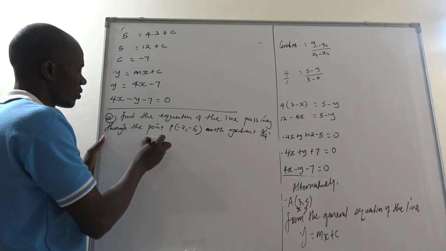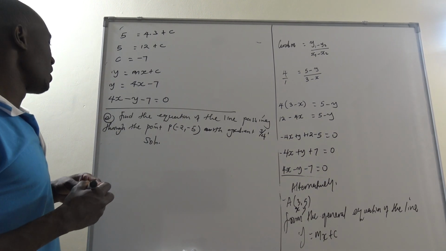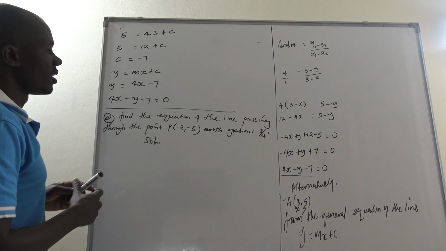So one look at that solution. They have said you find the equation of the line passing through the point P with gradient 3/4.